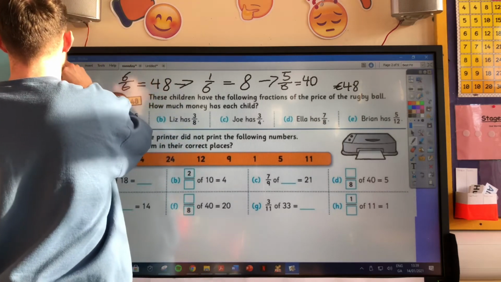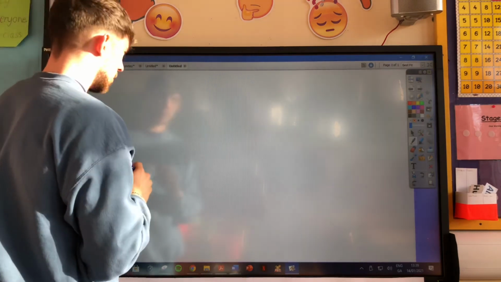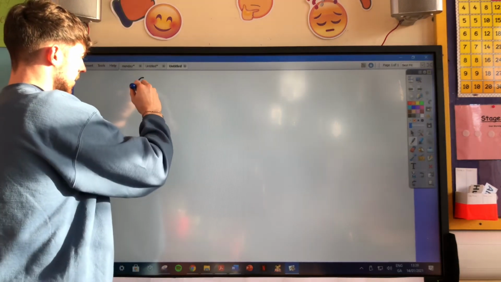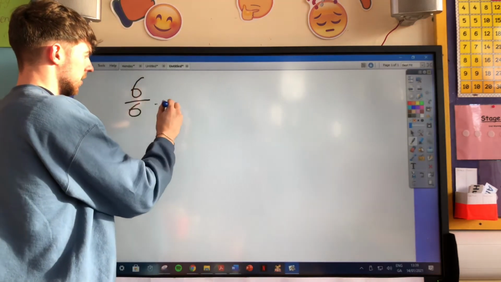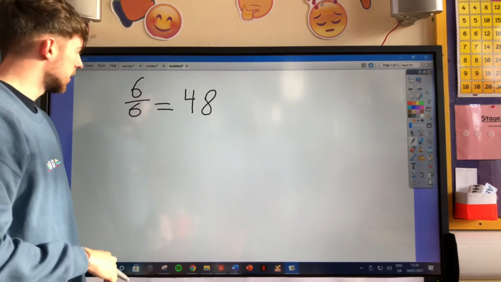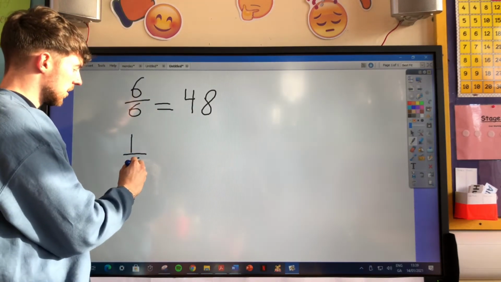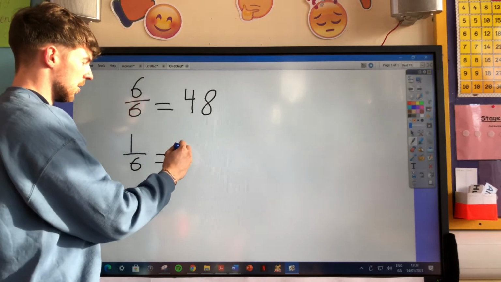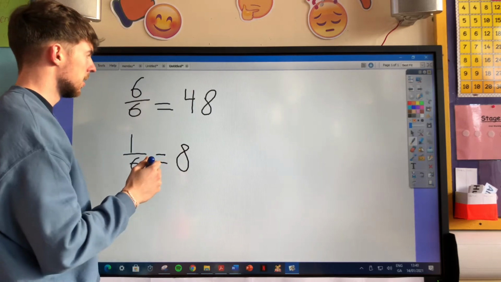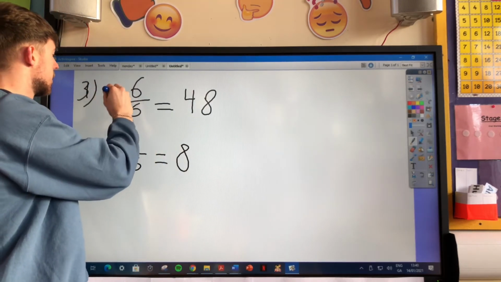Write 6/6 is equal to 48. Then underneath it, write 1/6 is equal to, what did we say again? 8. This is our question 3.